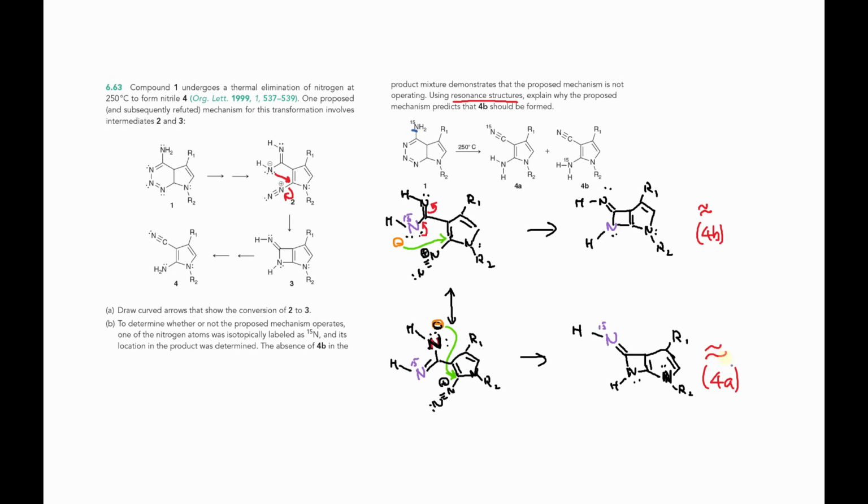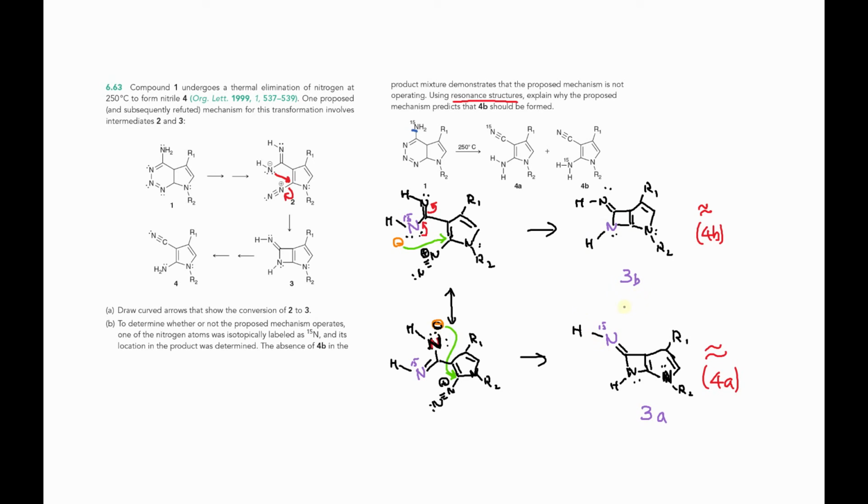It's very similar. That creates the 4 structure, and this is more like 3, so I'll write 3 on both, 3B and 3A. That makes the 4A and 4B.